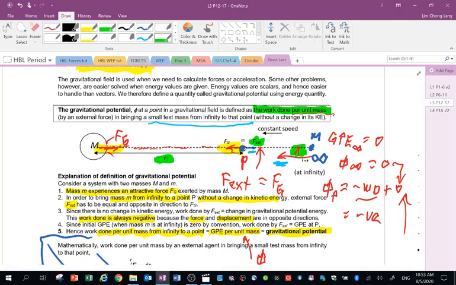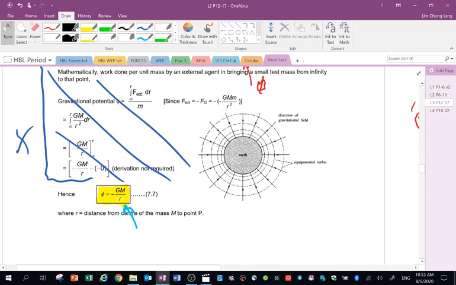X is the displacement that we use in the definition here. In this definition, we use X, the displacement. But when we do our calculation, we use R as the reference, measured from the center of the planet. Why is that so?